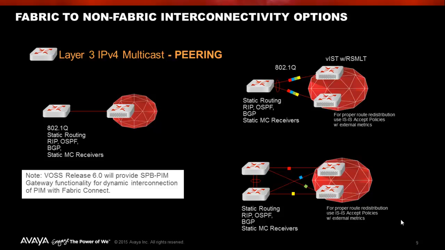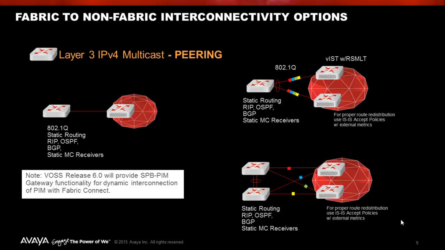Imminent is VOS 6.0, where we'll actually have a full SPB PIM gateway functionality for dynamic interconnection of PIM with Fabric Connect. Now, this may be for purposes of migration where you're saying, okay, I've got an existing network and I'm using PIM as an active application support model and I need to migrate over time. We can certainly facilitate that with the use of this gateway.